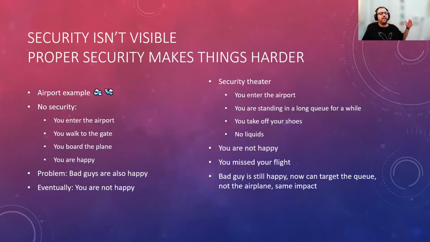Okay, I can't get a bomb on the plane. I can get a bomb in the queue. Same exact end result. It's not in the air, it's on the ground. Big deal. Proper security in this case would be having the same experience as no security, but catching the bad guy.